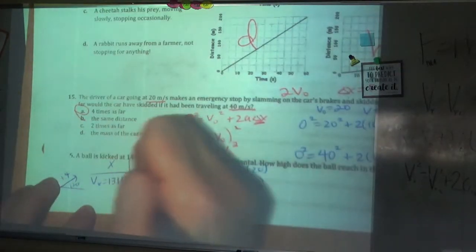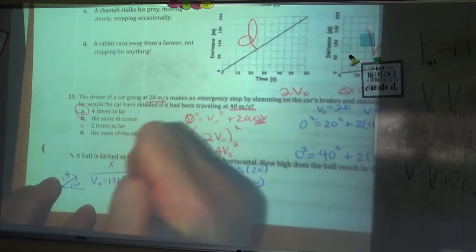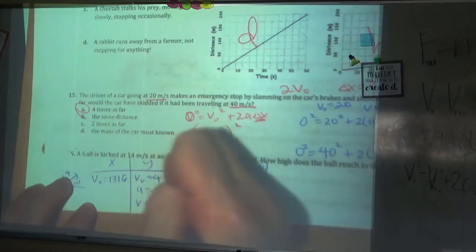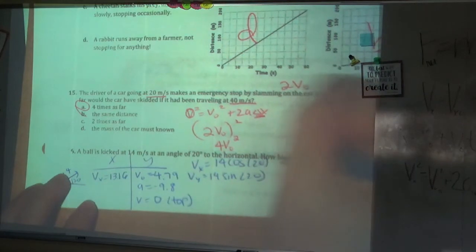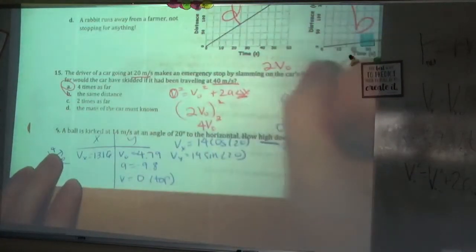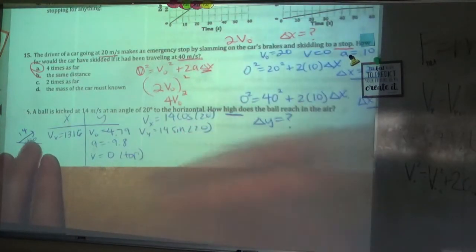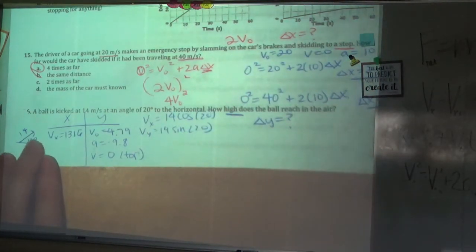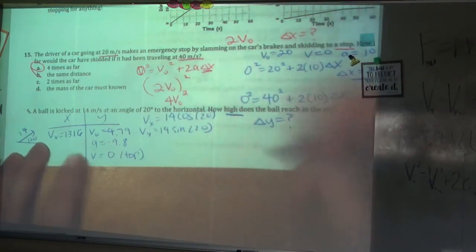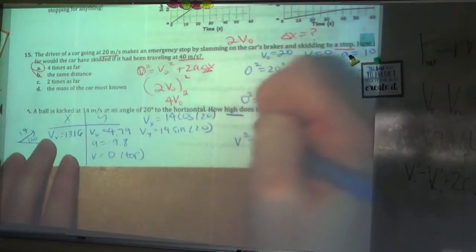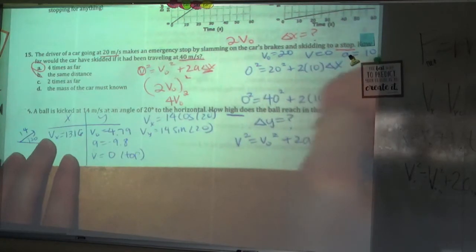And then your acceleration is negative 9.8, and your y velocity goes to 0 at the top, which is perfect because I'm looking for how high it reaches, that y displacement at the top. So you could use v equals v naught plus at, find t up, and then plug into your delta y as v naught t plus 1/2 at squared. Or you can just use the last equation, v squared is v naught squared plus 2a delta y.